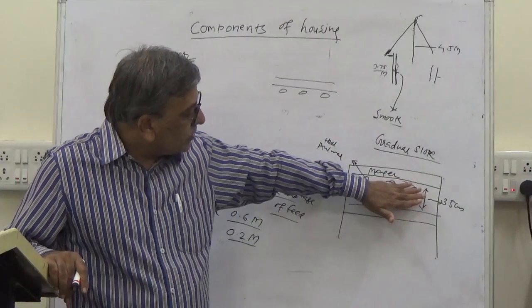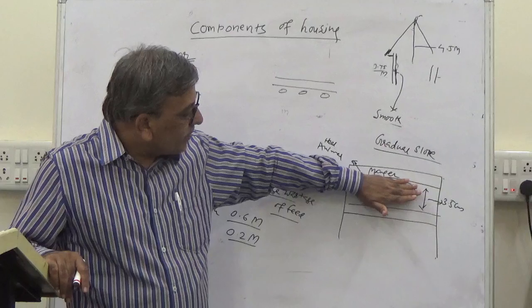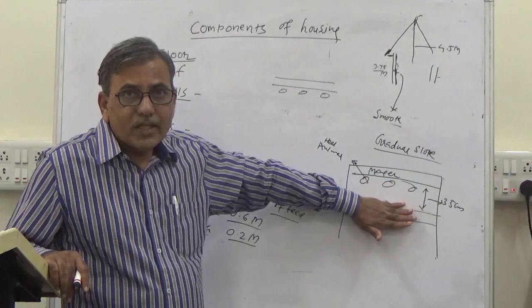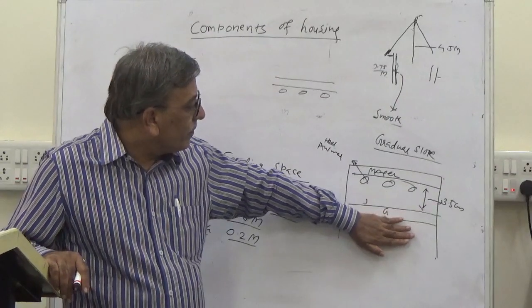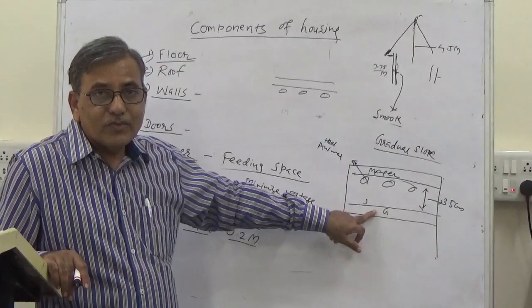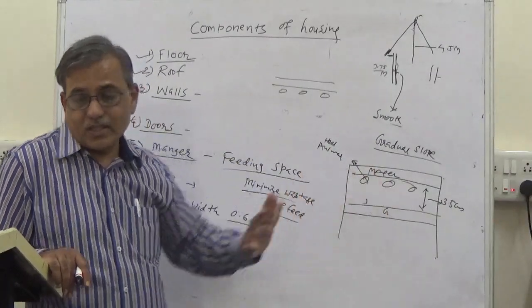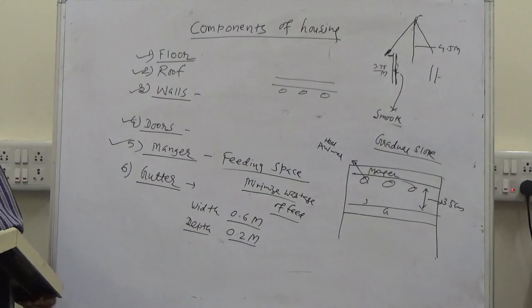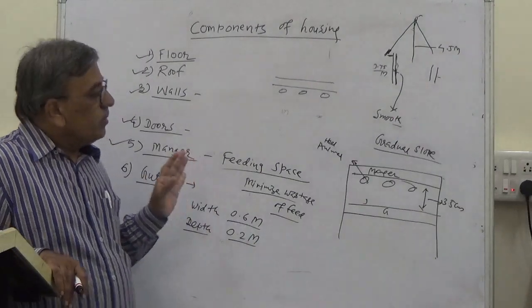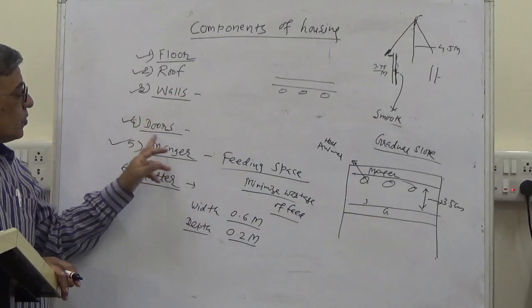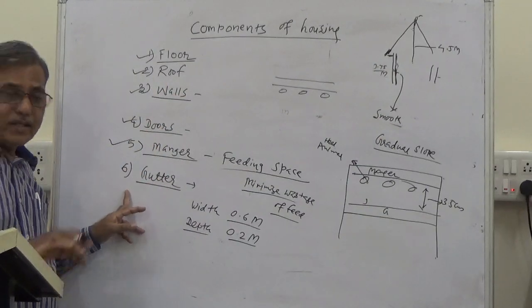The floor of the house is at an elevated place at the manger, and gradually it will decline. It should have a slope of 3.5 at the end when it reaches the gutter. So this is all about another important component of a dairy house: floor, roof, walls, doors, manger and gutter.